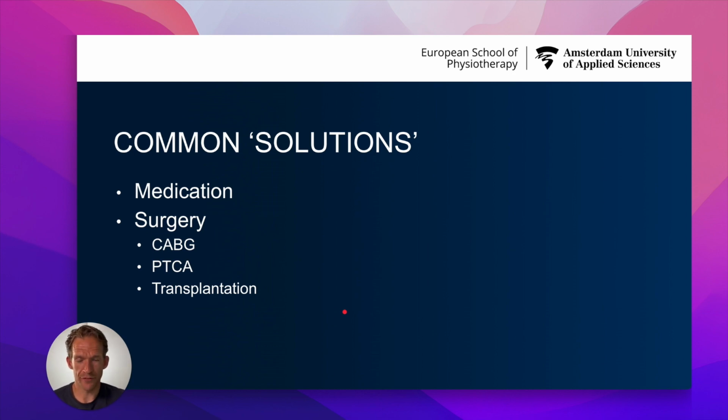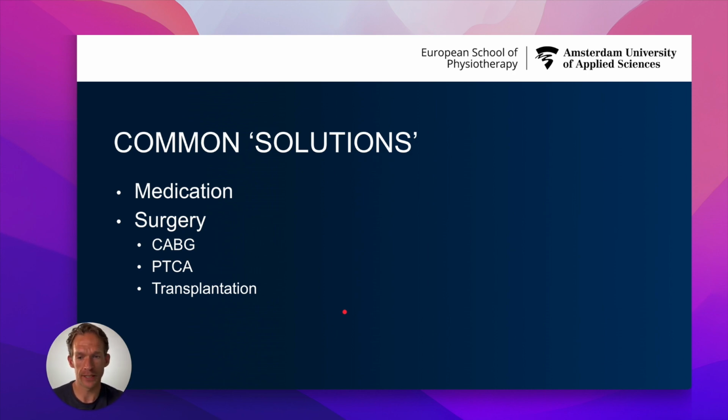Obviously, as a physio, the first response should always be that for all these patients, physiotherapy is definitely a good option. But in many cases, medication is also included. Plus, sometimes surgery is the only real option to tackle the underlying pathology. And in cardiology, they're really a big fan of abbreviations.